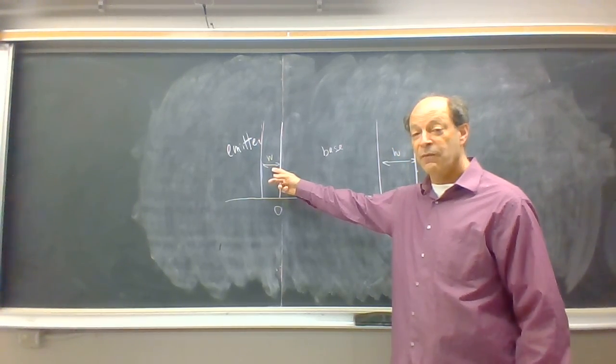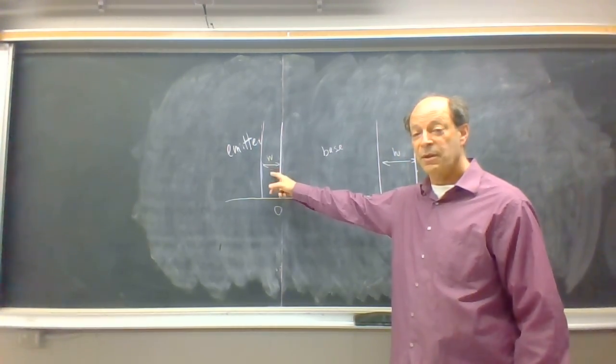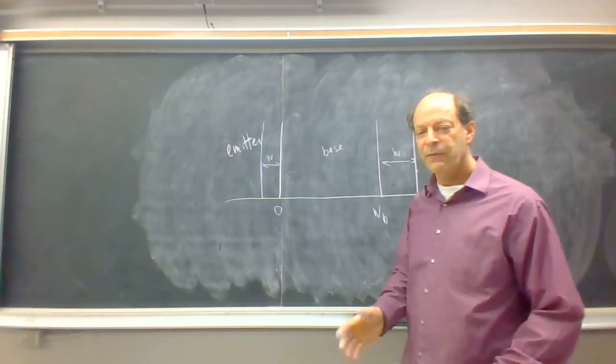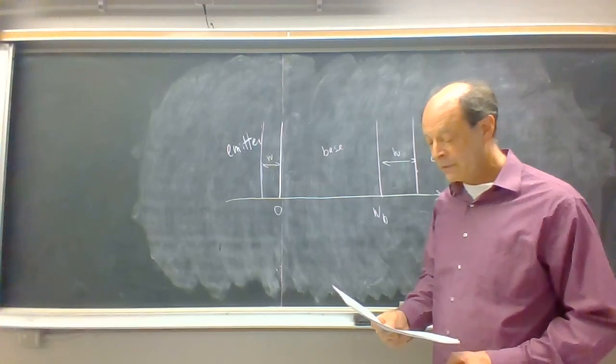In fact, in a forward biased diode, I shouldn't really be thinking of a depletion region, because the forward biased condition will decrease the effective width of a depletion region.